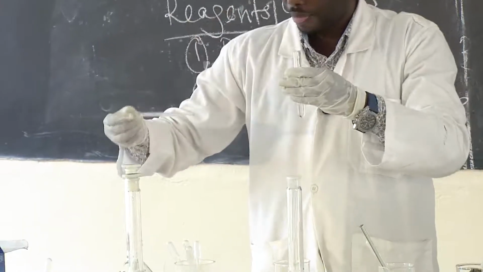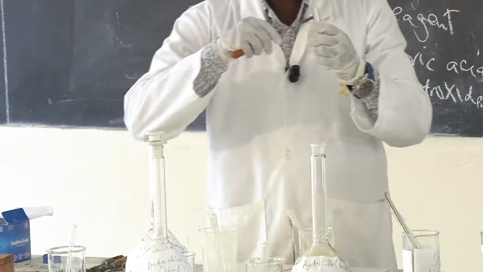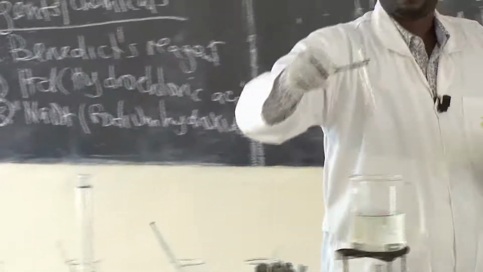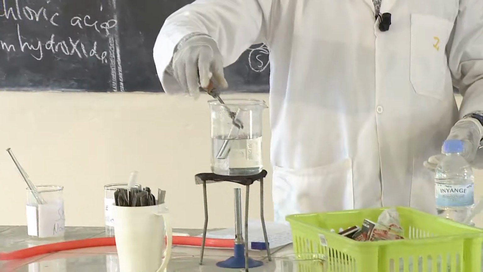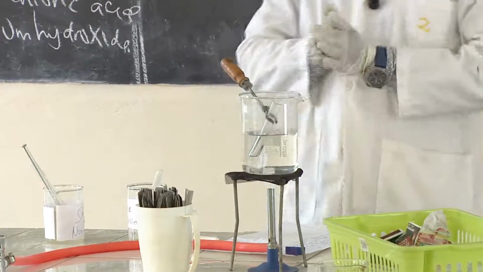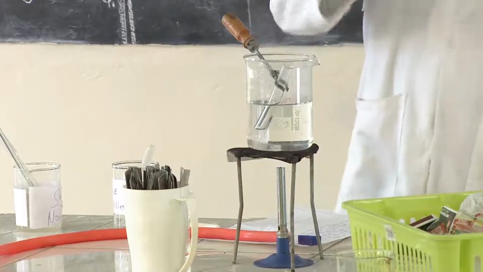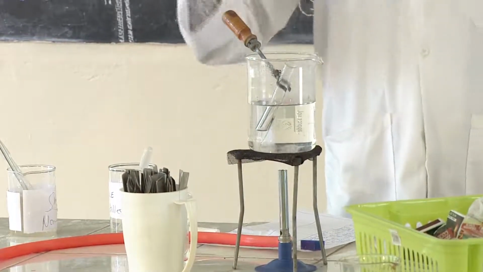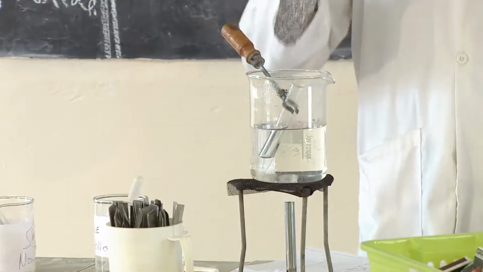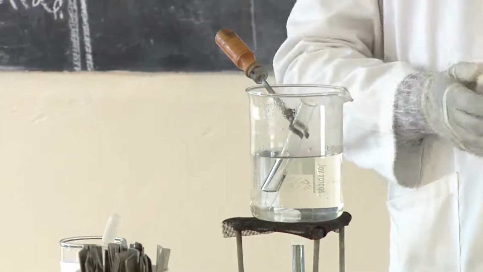Then after putting that there, I put it into a water bath. We are in a laboratory, preparing the sucrose to test whether the solution contains non-reducing sugars, with sucrose as an example.